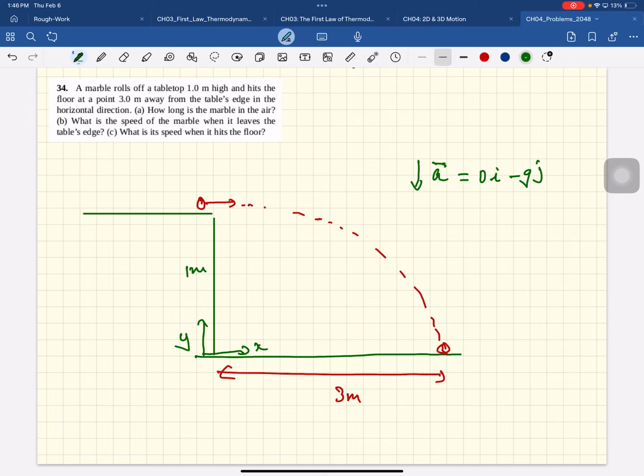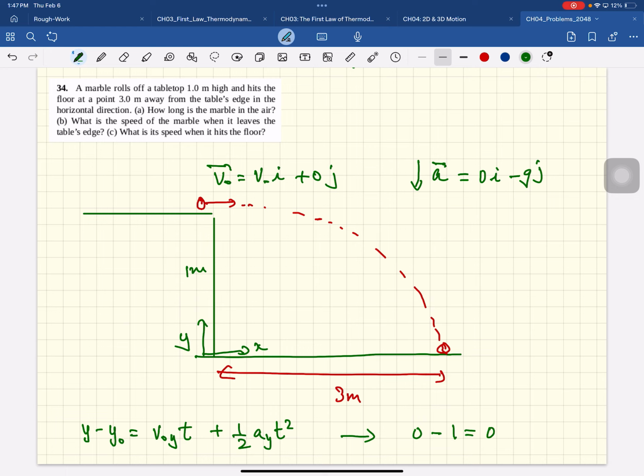So this equation becomes, you need to learn all of that. There is our origin, so y is 0. Initial y naught is 1 meter.